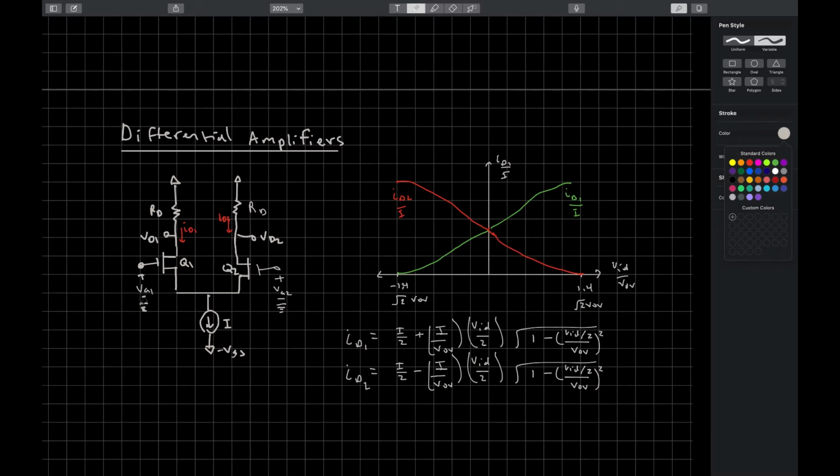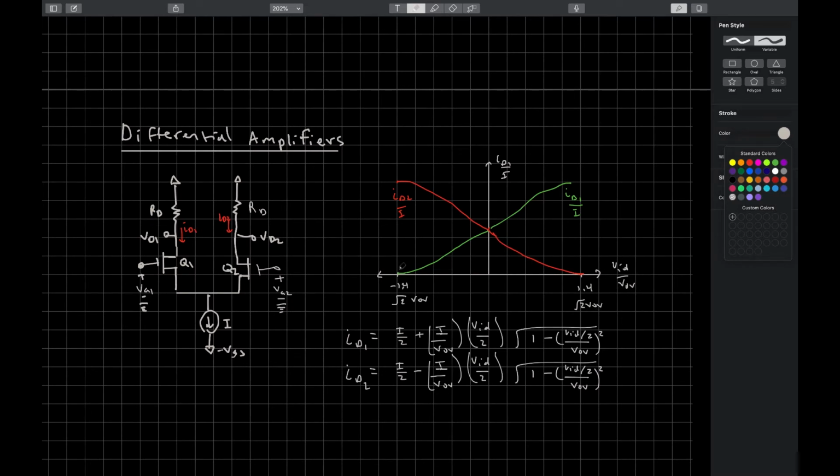Differential input voltage is going to be the value of each of these gates subtracted across from each other. The place at which it reaches 0 is the square root of 2 times the overdrive voltage, which is just the square root of 2 when I normalize by dividing by V overdrive.